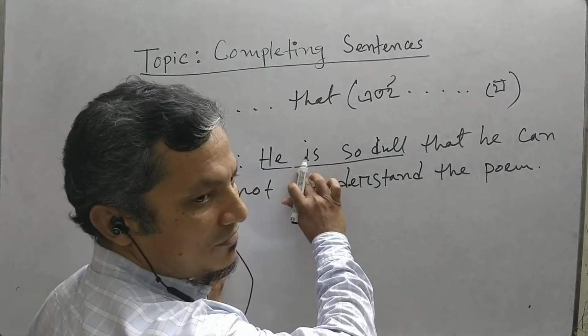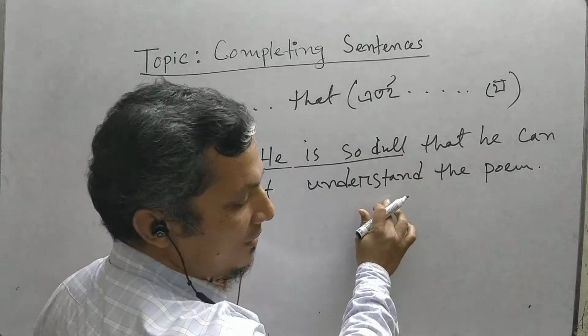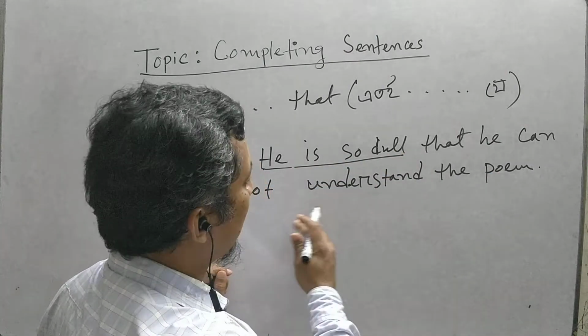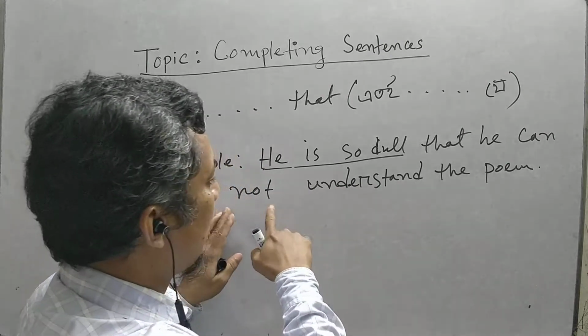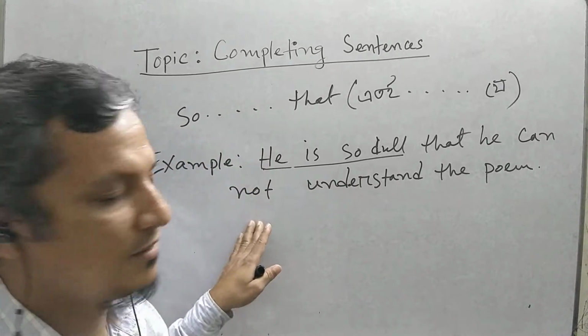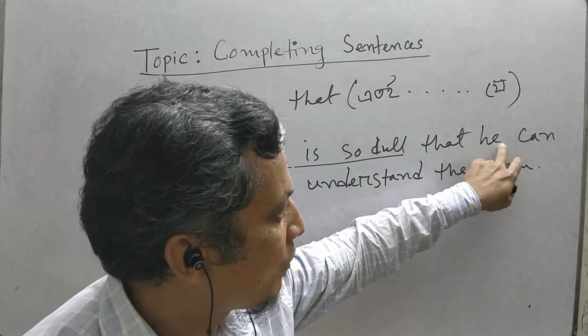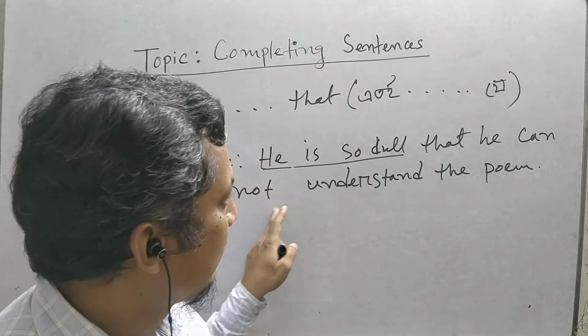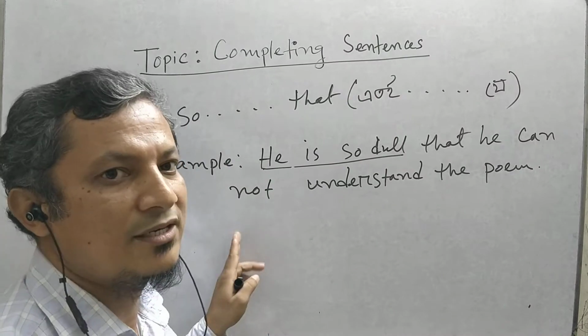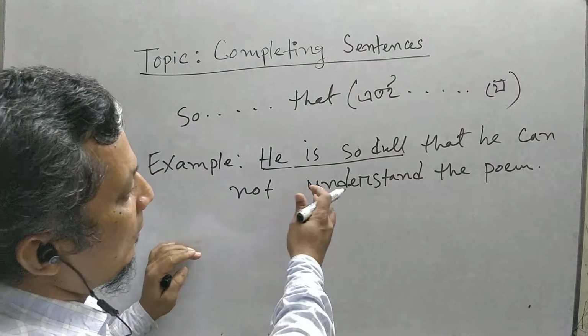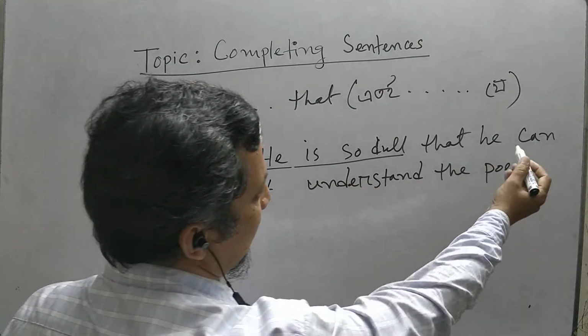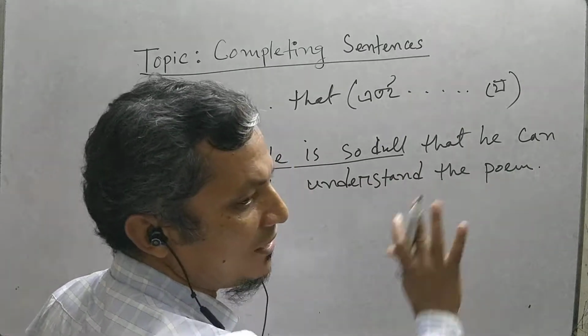As it is in present indefinite tense, I have to write the answer in present indefinite tense. As we have to write in negative sense, we have to bring a modal auxiliary. Here I have brought can, and as it is negative sense, I have to add not. So what is the answer? The answer is: he cannot understand the poem.